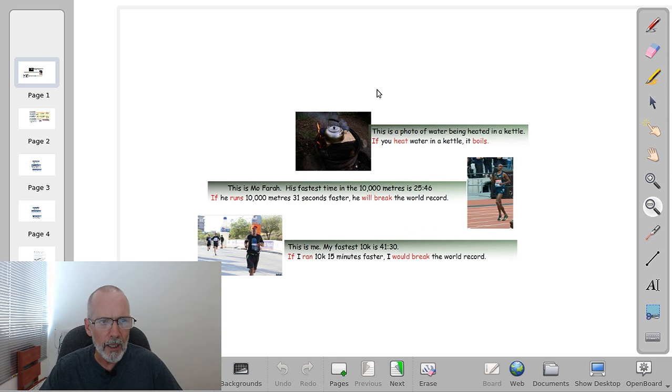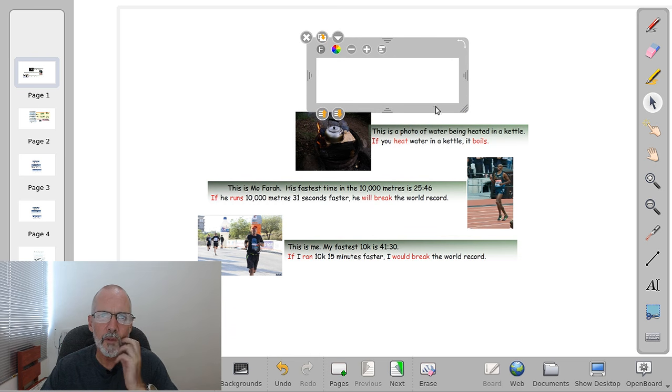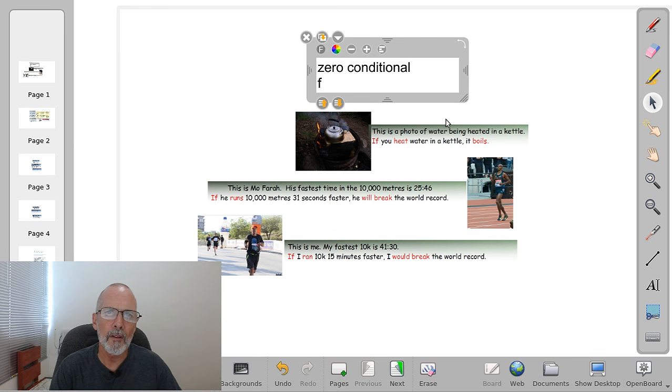So we're going to be looking at today, as I already mentioned, conditionals. So we'll be looking at three conditionals. We'll be looking at the zero conditional. We'll be looking at the first conditional.